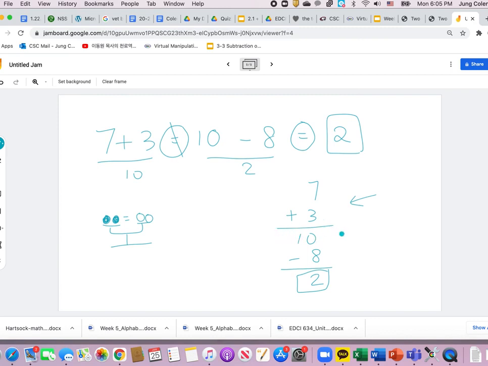It just shows the result after that operation. So after this operation, you get 10. After this operation, you get 2. So it is okay. But equal sign means both sides have to have exactly the same quantity. Okay, so pay extra attention there.